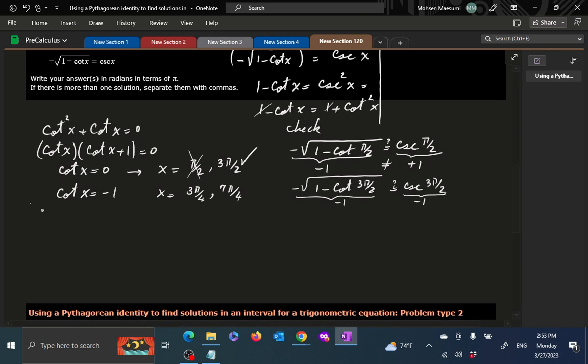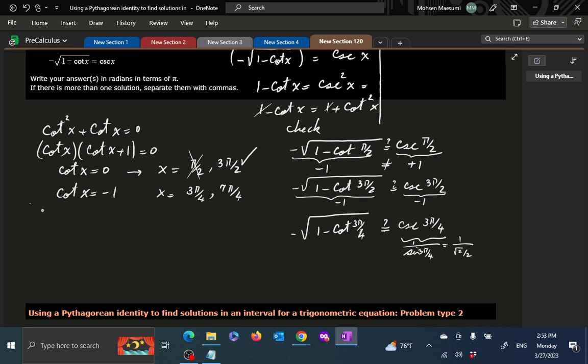3 pi over 4: minus radical 1 minus cotangent of 3 pi over 4, is that equal to cosecant of 3 pi over 4? Well, cosecant of 3 pi over 4 is 1 over sine of 3 pi over 4, and that is 1 over radical 2 over 2.